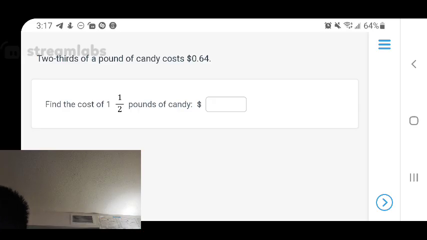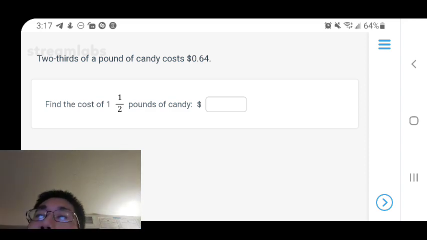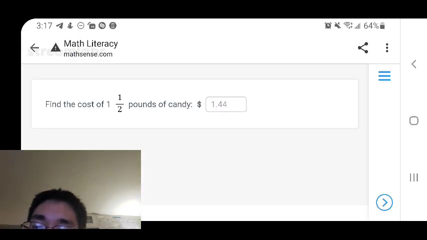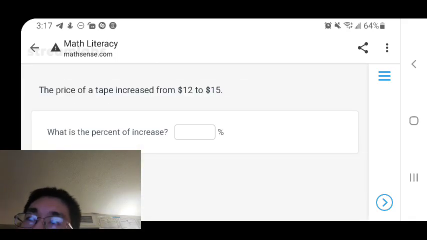Oh, I'm doing this in my head again. 2.88 over 2. 3 times 6 is 18. 27. Yep. Plus 1. Divided by 2 is 1.44. $1.44. That's correct. Yep, that's the way to do it. Use the x. That's my way of doing it. I don't know if it's the best way.